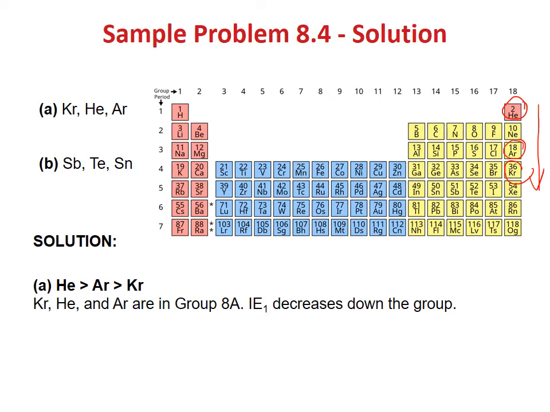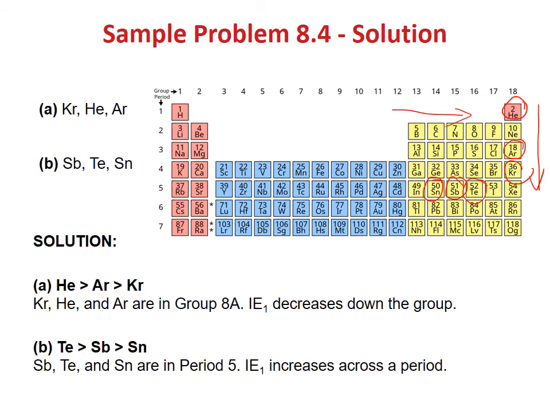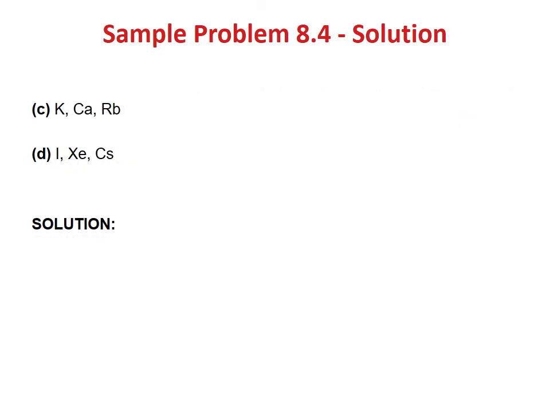Next, antimony right here, tellurium here, and tin here. These three elements are in the same period, and across a period from left to right, atomic size decreases and ionization energy increases. So tellurium has the highest ionization energy, and tin has the smallest. C. Potassium, calcium, rubidium.